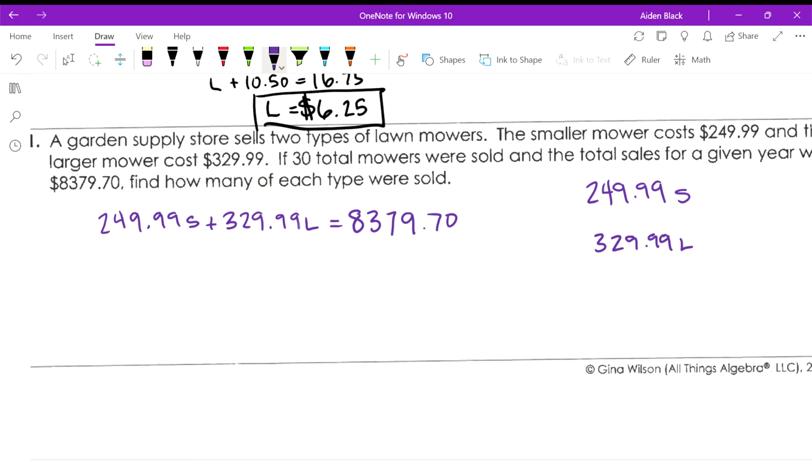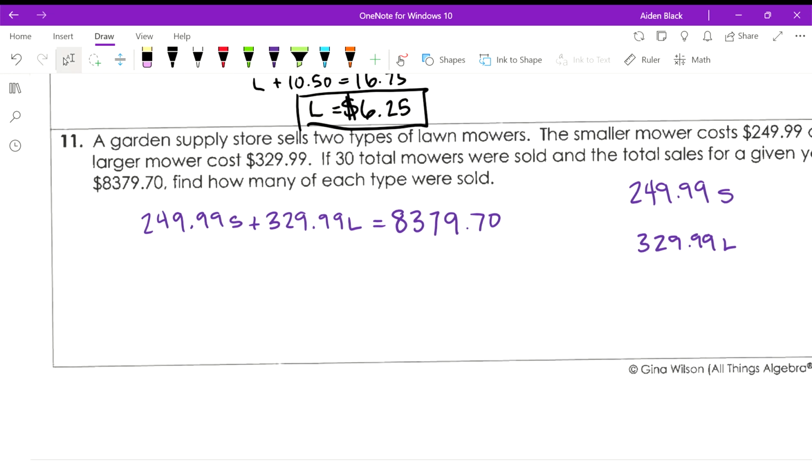Let's see. And then we also know that there were 30 sold between small and large. So we do have a system of equations.